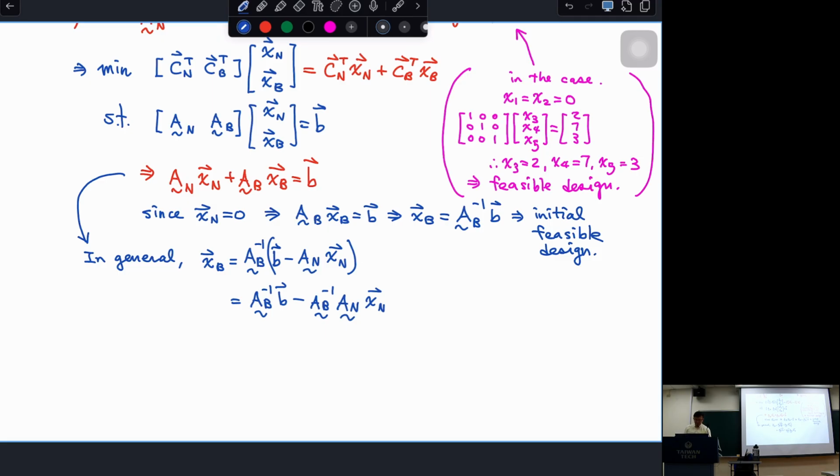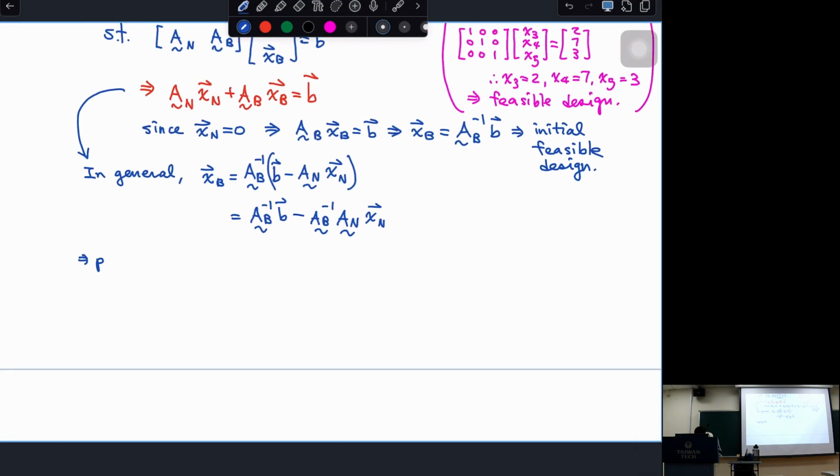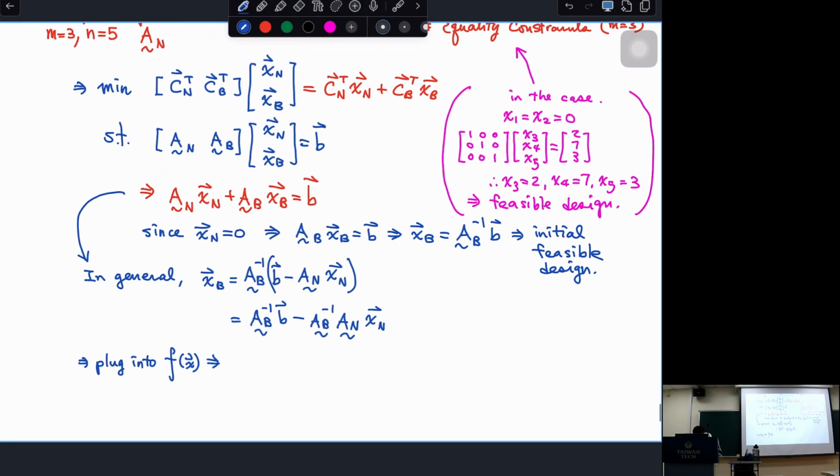How about we plug xb into our objective function? So plug in to the objective function. Okay, what's gonna happen? So the objective function would equal cn transpose xn plus cb transpose multiplying xb.